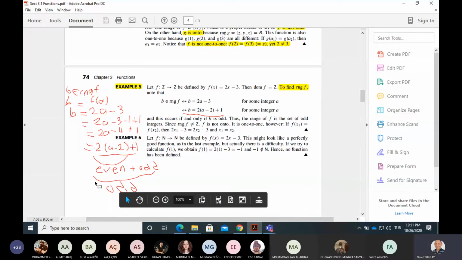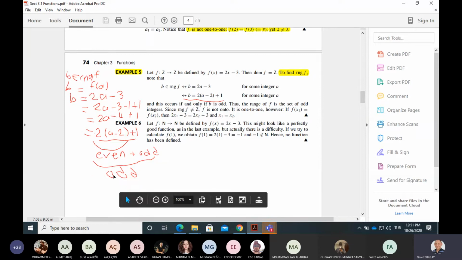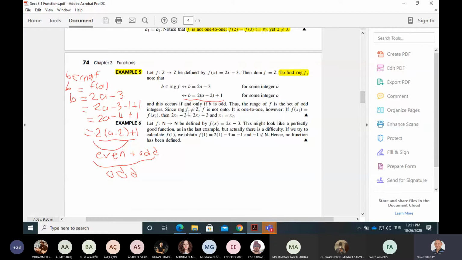So that means at the end, b is odd. So if b is in the range, it should be an odd integer. Now, the range of f is the set of odd integers. It is not equal to the integers. So f is not onto.